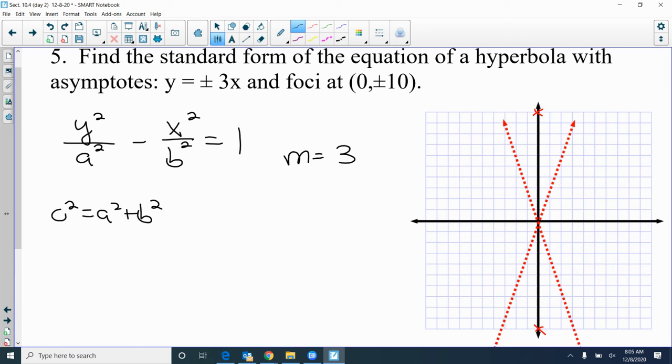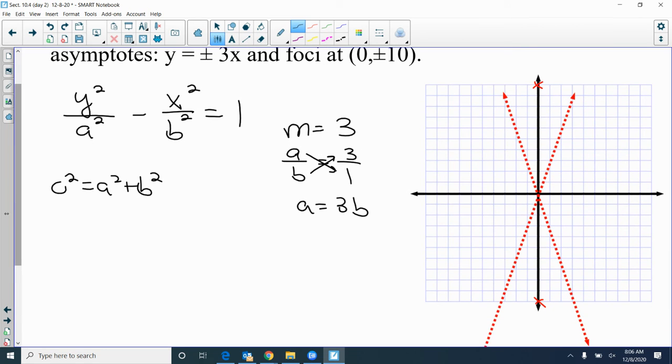So that does mean that A over B has to reduce to 3 over 1. And if I cross multiply, that means A has to equal 3B. All right, how can I use everything here to figure out what my values are? So A has to equal 3 times B, whatever that is.